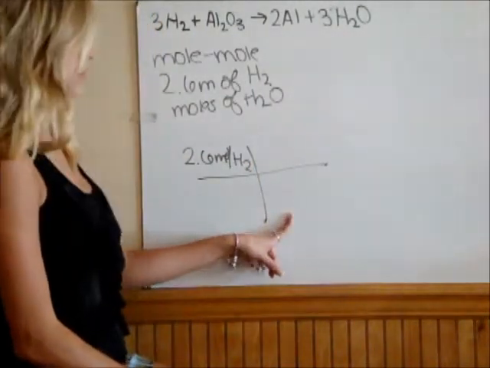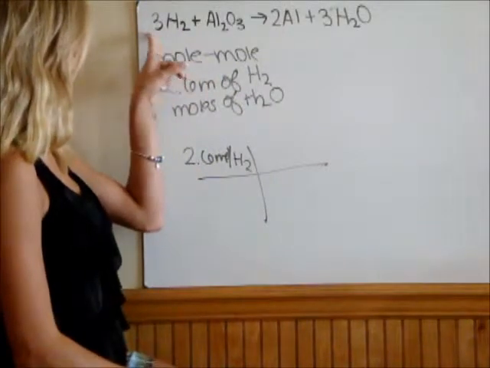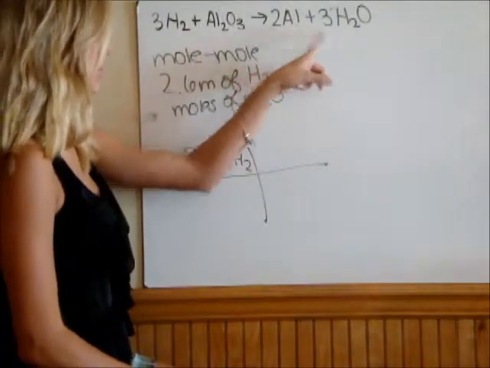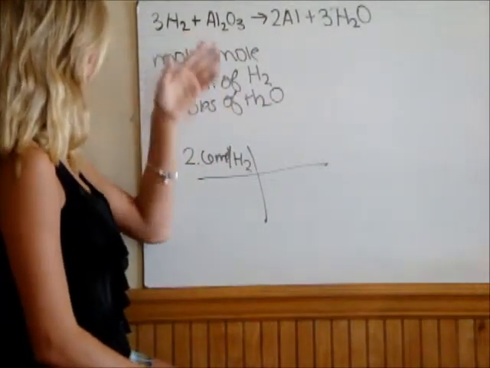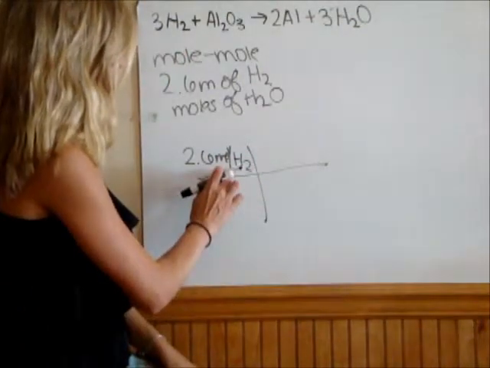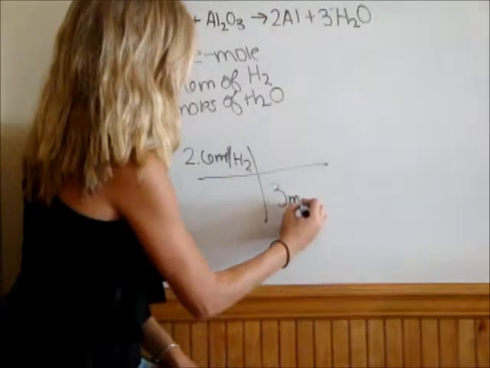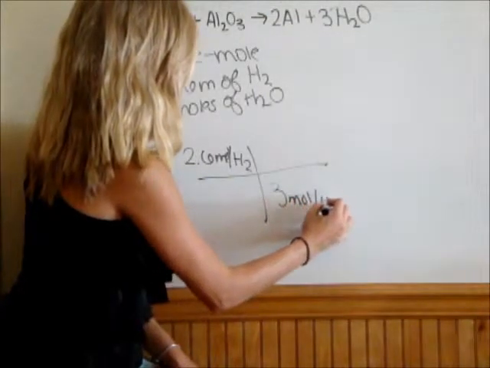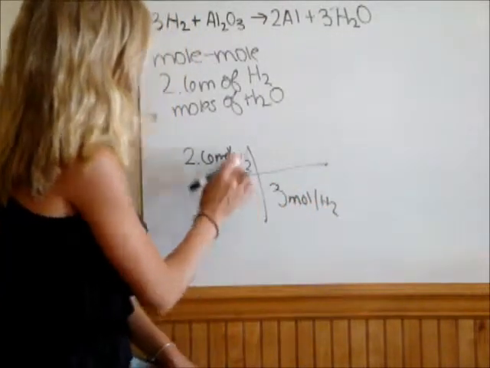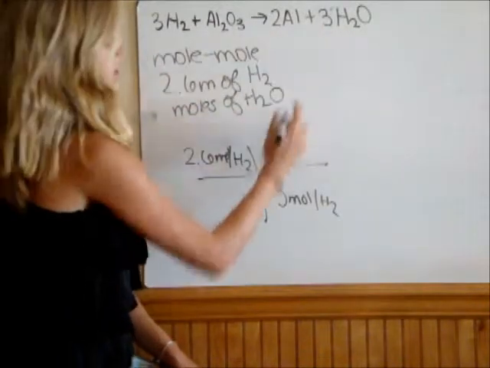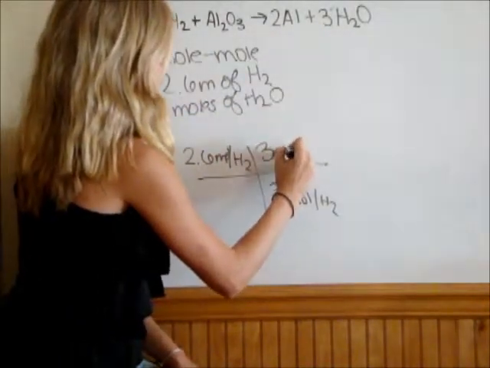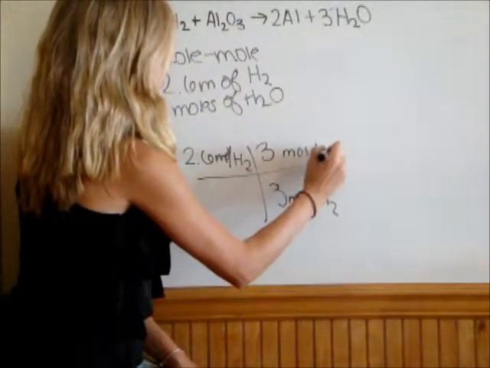Down here, we will go to our balanced equation and we look at the coefficient. And the coefficient tells you how many moles there are of each compound or element. In this case, H2 has a coefficient of 3. So down here, you put 3 moles of H2. And then up top are moles of Y, which is again 3.